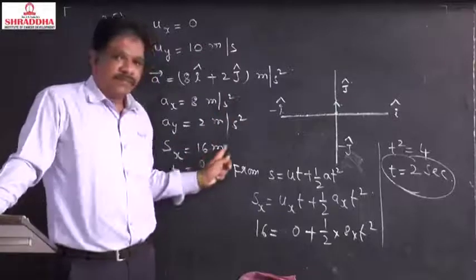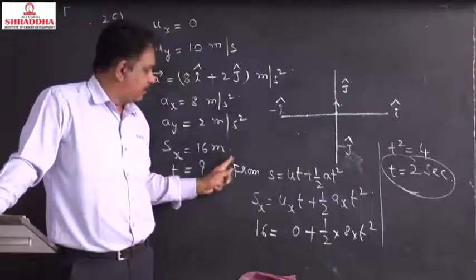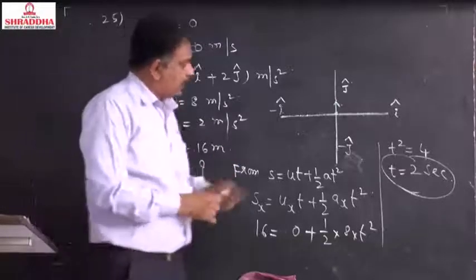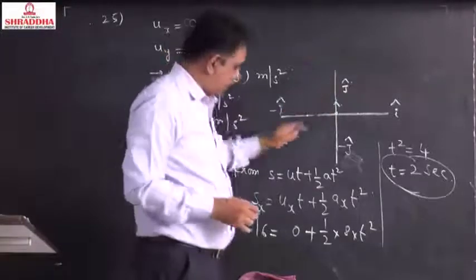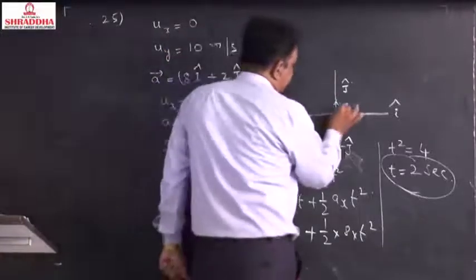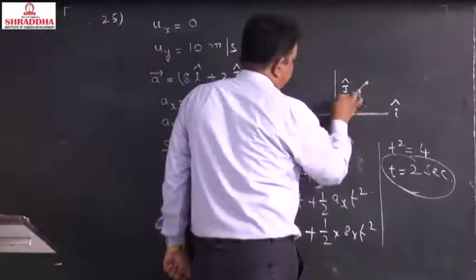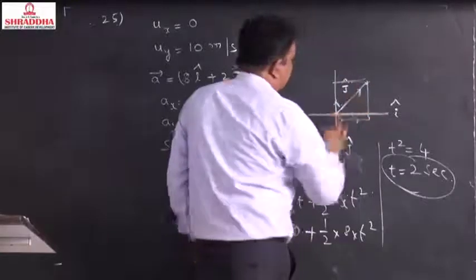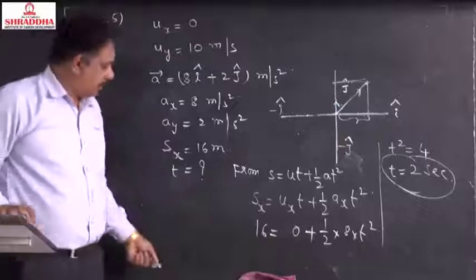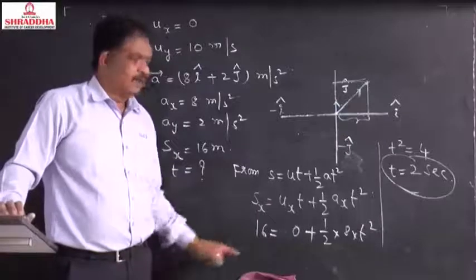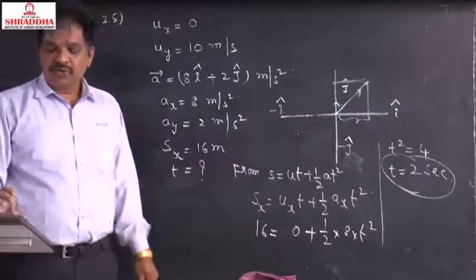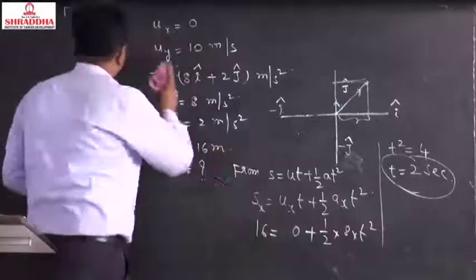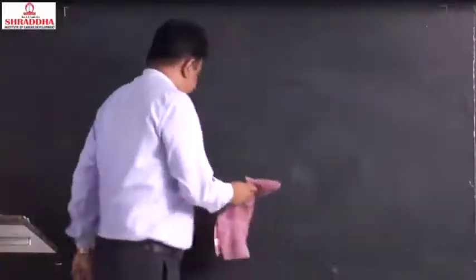Though it started initially like this, because of that acceleration its position will go like this. After some time x coordinate, means this distance, is 16. Then what is that time they are asking, that value will be 2 seconds. Clear? Next.